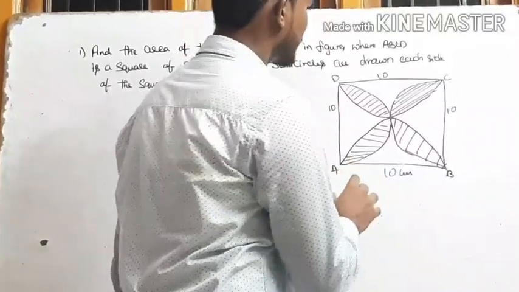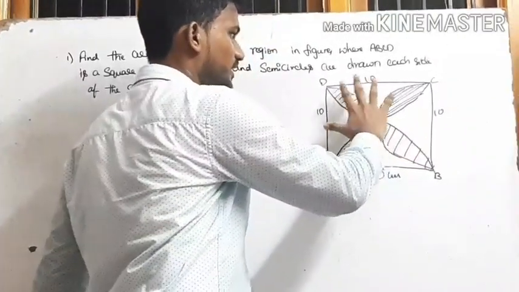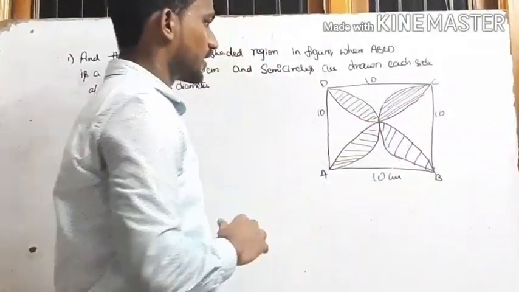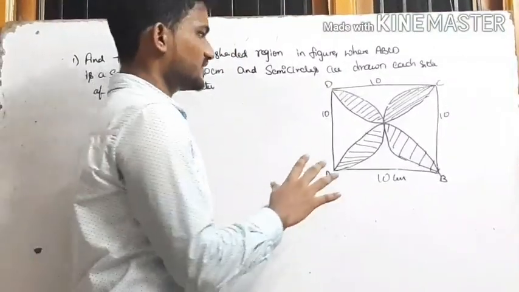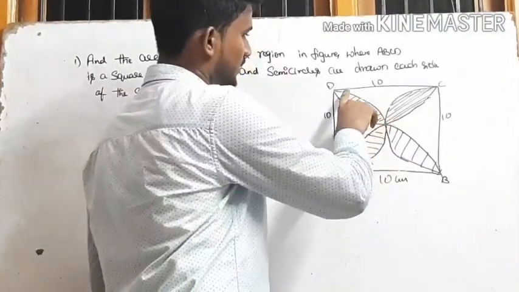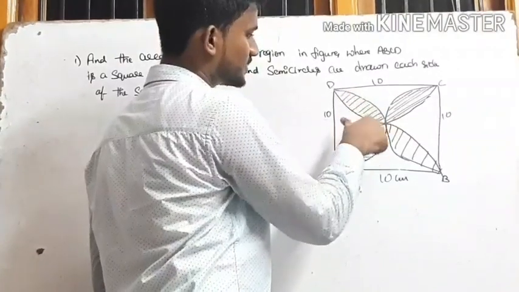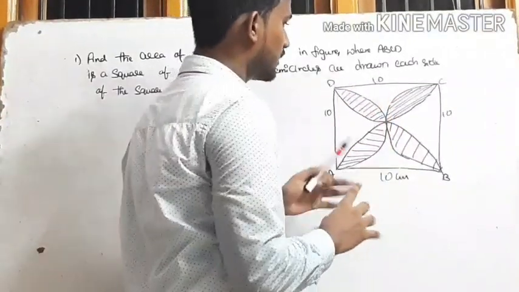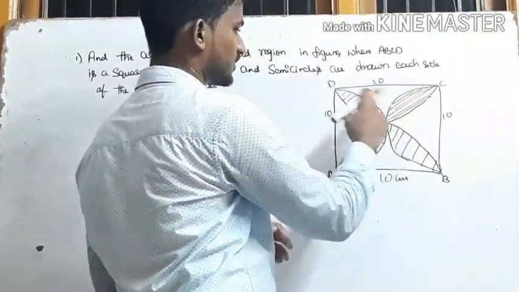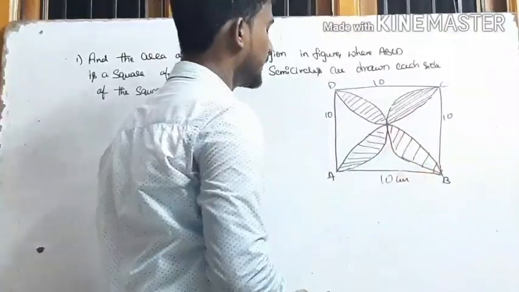To find the shaded region, first we want to find the total area of this square. Total area of this square minus the area of the semicircles. Total 4 semicircles are there: this one, this one, this one, and this one.